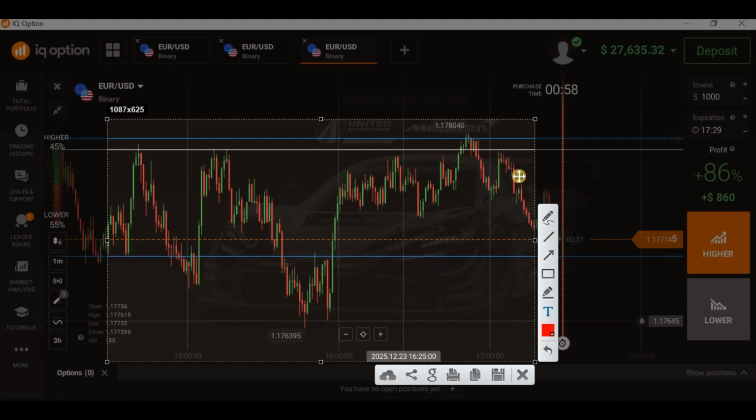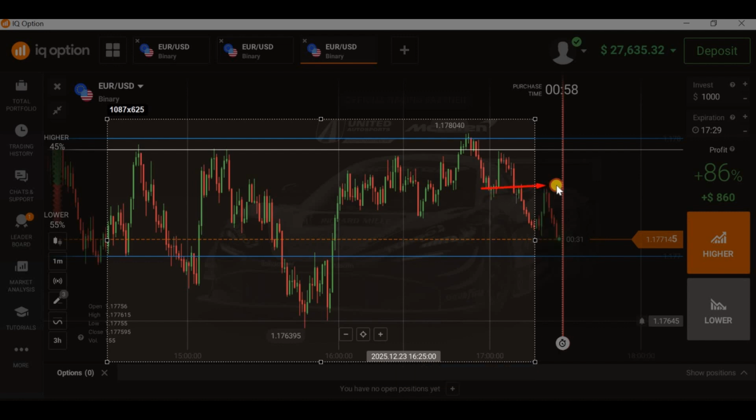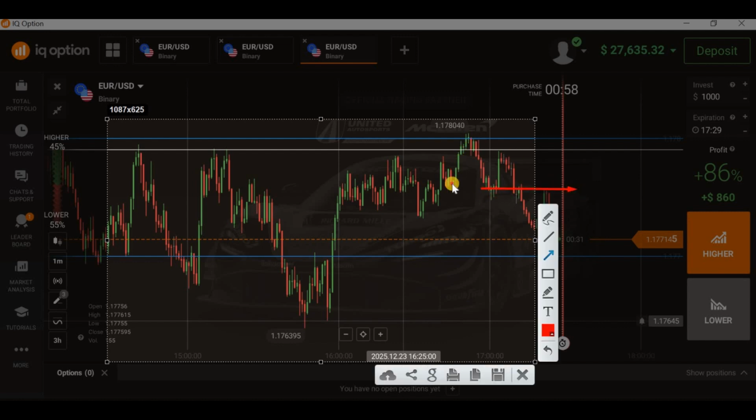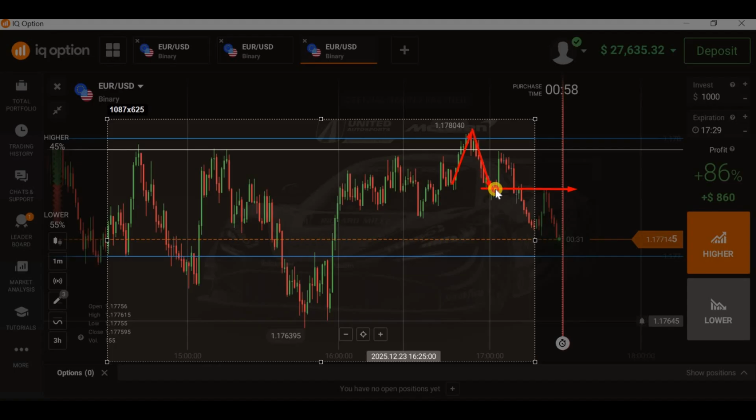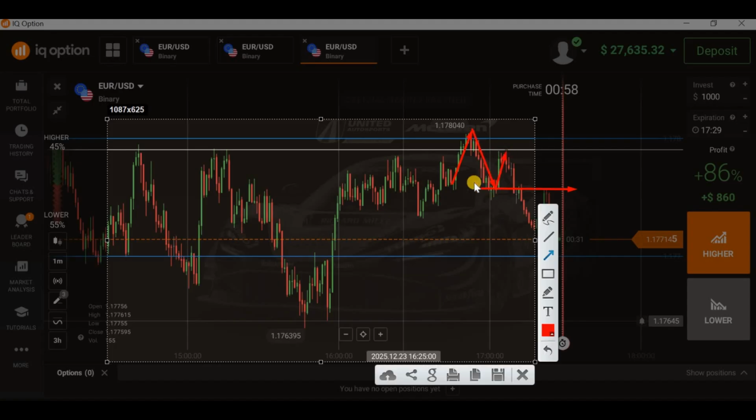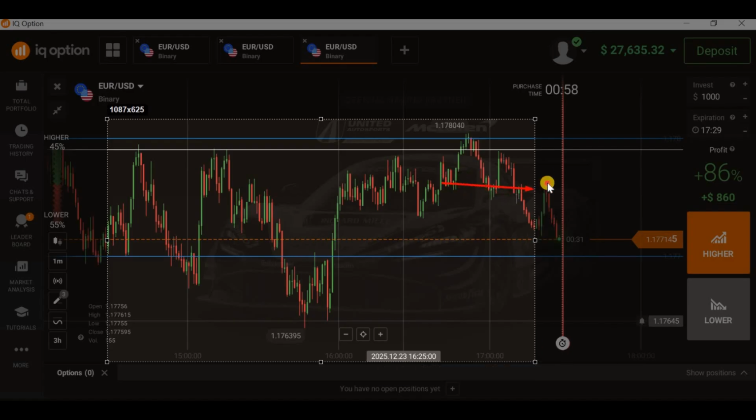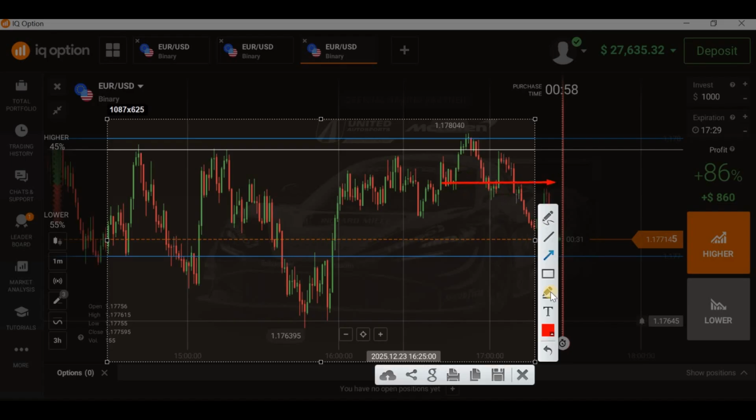Now, to trade the double top, for instance, this here is called the neckline. This place where the price went up, came down and went up again, is called the neckline. So when you want to trade the double bottom, you will look at this neckline here.